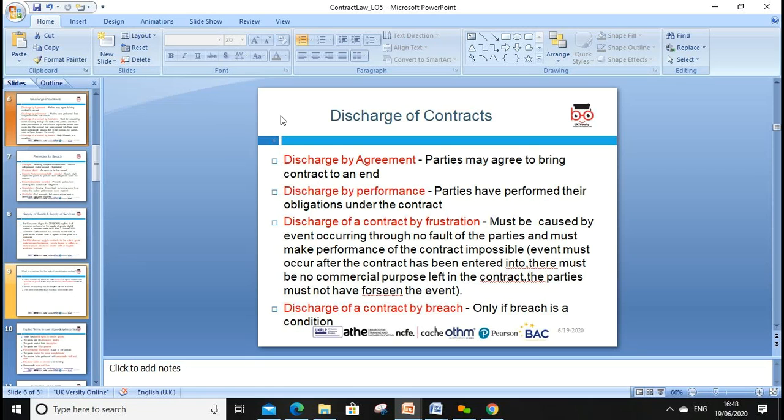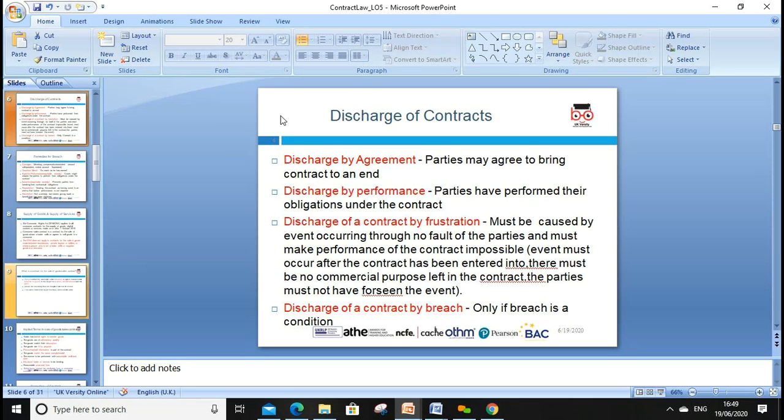Discharge by frustration may be caused by an event occurring through no fault of the parties, but due to unforeseen circumstances, which make performance of the contract impossible. Events must occur after the contract has been entered into, and there must be no commercial purpose left in the contract. The party must not have foreseen the events before.